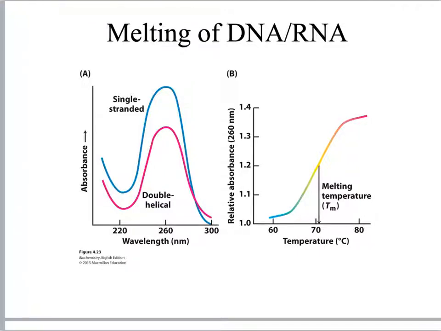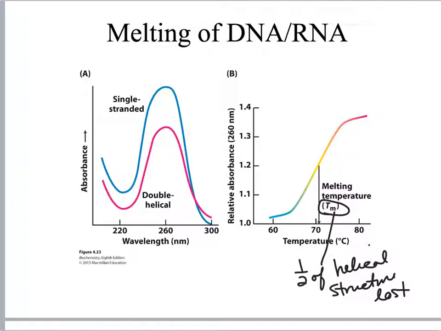The melting temperature, or Tm, is the temperature at which half of the helical structure is lost. So that's what that Tm represents.